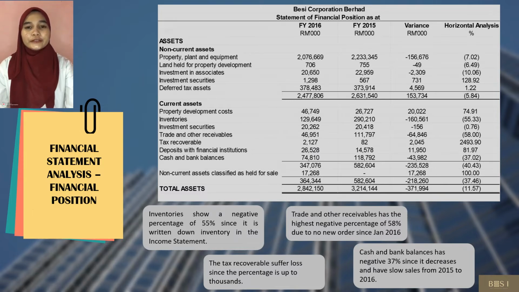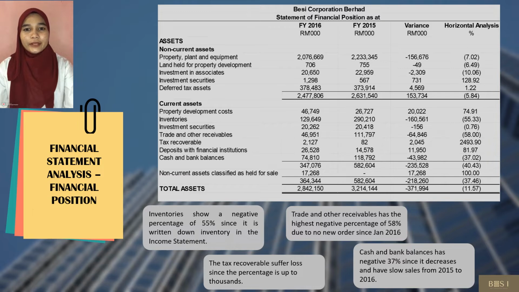Then moving on to the financial statement analysis of financial position. This is the horizontal analysis for the asset part. As you can see, the inventory shows a negative percentage of 55% since it is written down in the income statement.